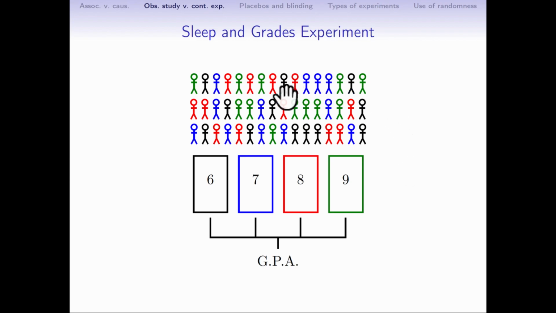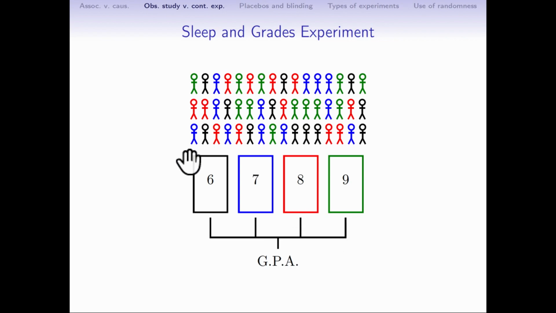And so by randomly assigning the children to these various sleep groups, we're trying to wash out any other effects that there might be. We're not purposely putting all of the young girls into the 6-hour sleep group and then the boys into the 9-hour sleep group, because maybe one of the factors in grade point average in grade school children might be the gender of the child, for instance.